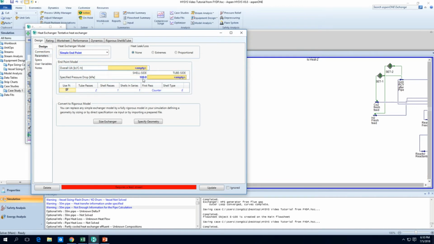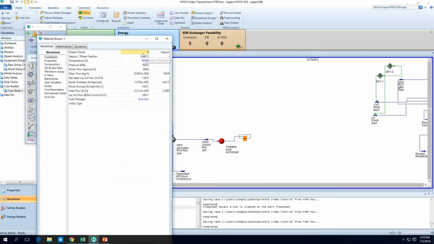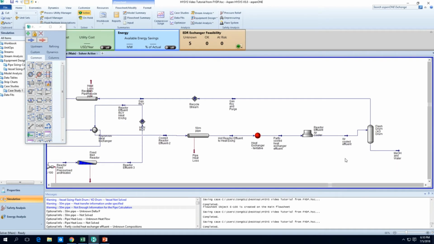This is a gross over estimation, but we'll make sure, you know, our streams are quite safe. So we'll just assume all our heat exchangers are using cooling water now, including this one. So I'll just like put cooling water here first.